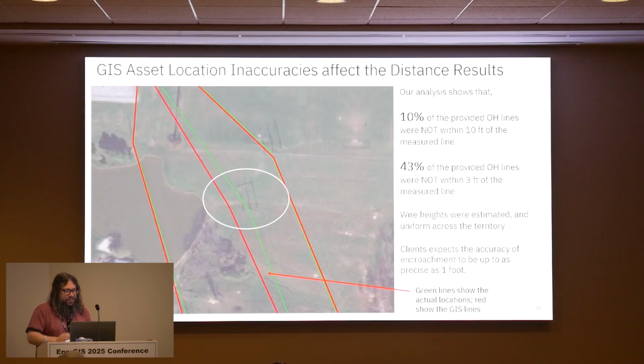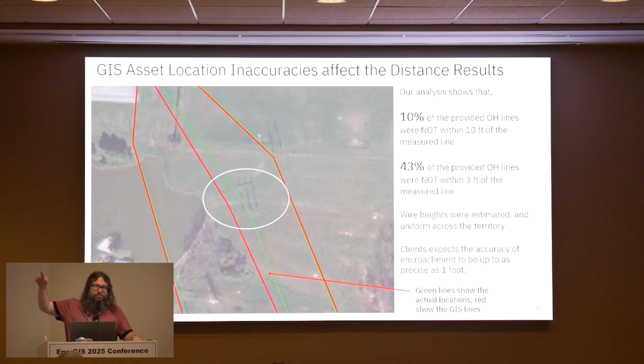Something I mentioned earlier, this is a transmission line, but whenever we first started doing this work, we noticed that 10% of the power lines weren't within 10 feet, and 43% of the power lines were not within 3 feet of the actual location of the power line, based on the GIS assets that they had. The other thing is, usually the GIS asset or the pole might have a height on it, but you can't assume that the entire wire, especially on a transmission line, is going to be at that height.